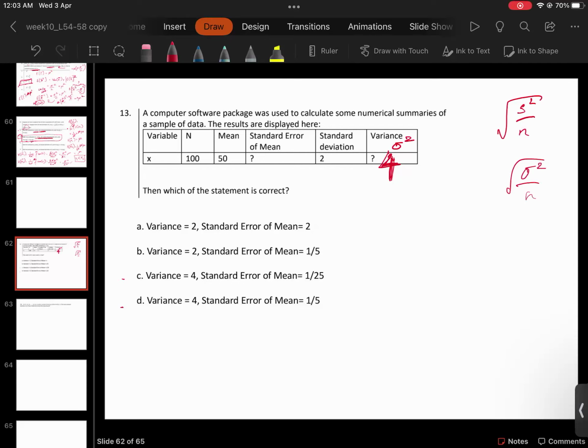So sigma square is 4, divided by what is n? 100. Square root of 4 by 100.